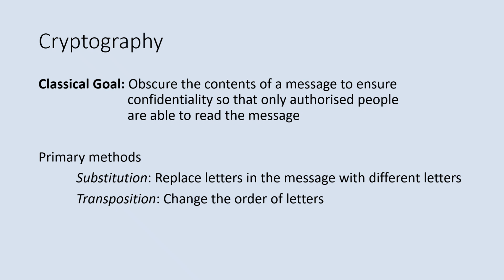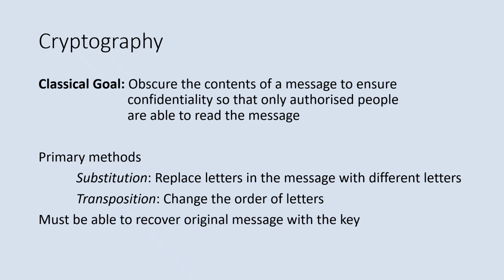So our examples today are going to be very straightforward. We could break these by hand. We would never use these in a real life setting. But these are to develop some ideas that are part of modern cryptographic systems.